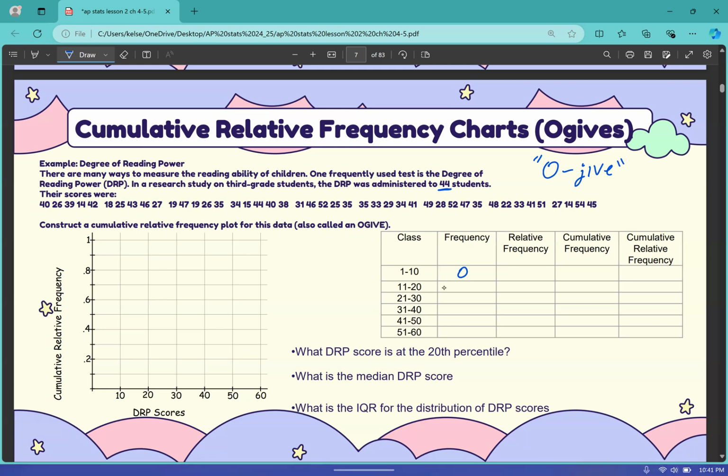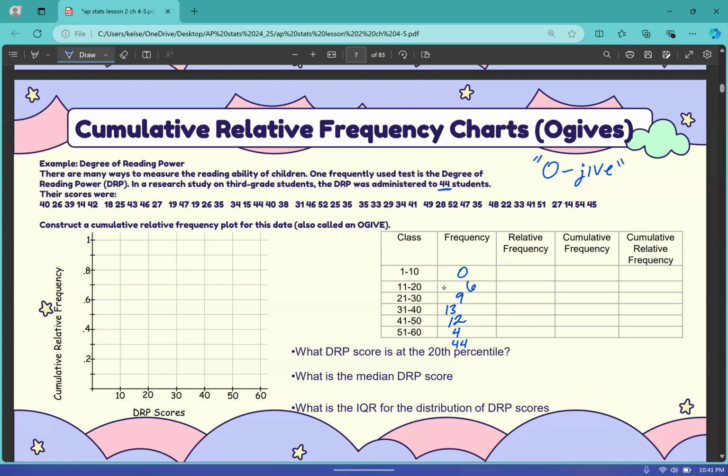From 21 to 30, you should have 9 data points in that window. 31 to 40, we should have 13. 41 to 50, we should have 12. And then 51 to 60, you should have 4. Double check, this does in fact add up to 44.